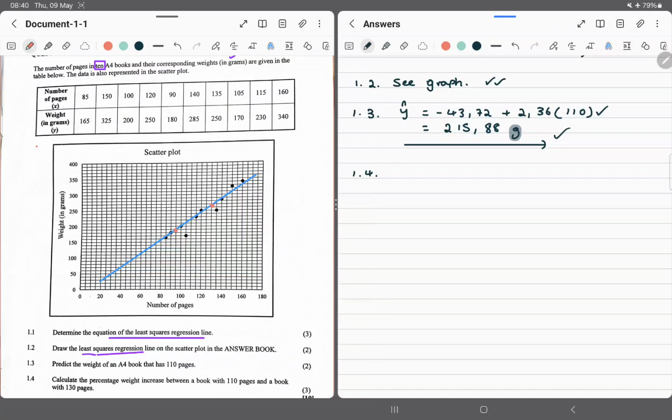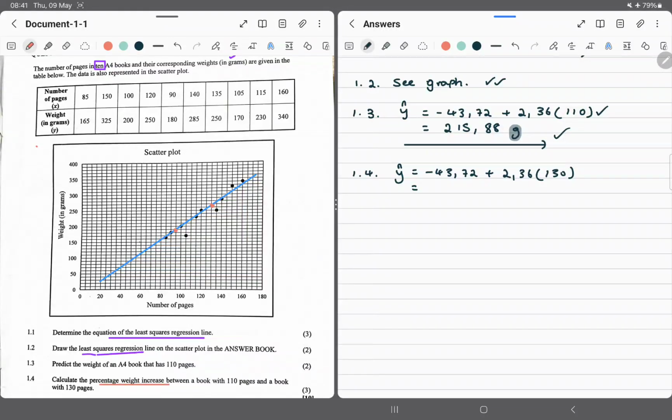1.4 says now calculate the percentage weight increase between a book of 110 and a book of 130. So now all we have to do is to predict the weight for a book of 130 pages. Plus 2,36 into 130.